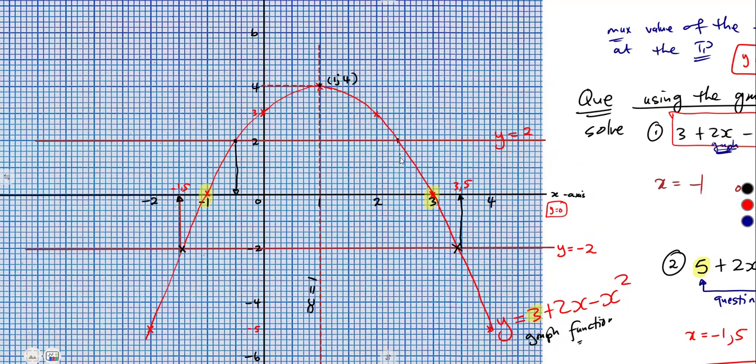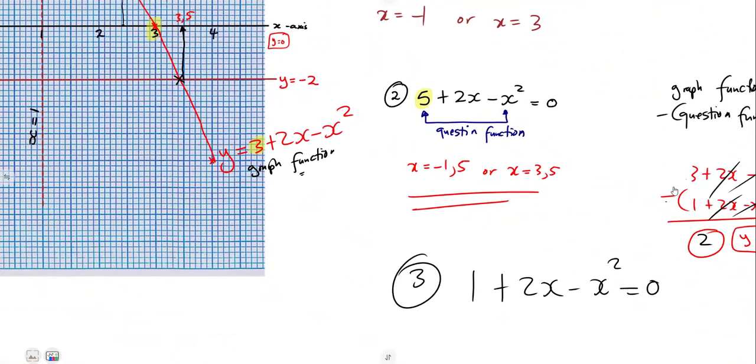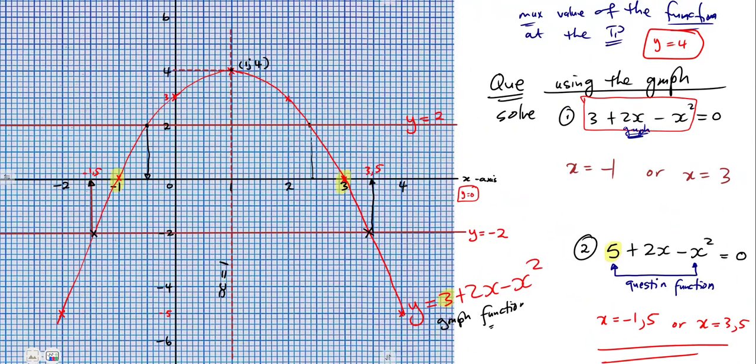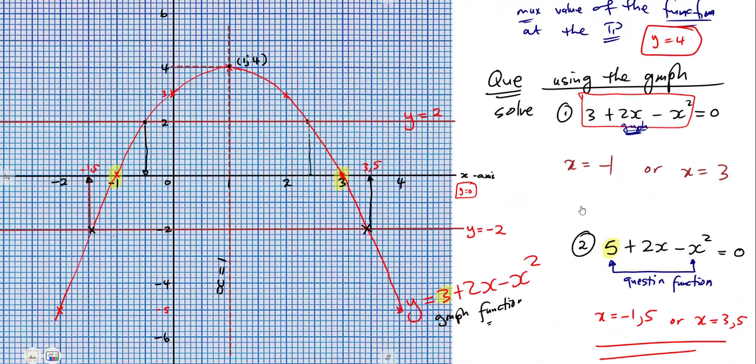So you take those values. According to my graph here, it's minus 0.5. The x value is minus 0.5, or x is equal to the other one, 2.5. It's supposed to be somewhere here, 2.45 or 2.5.